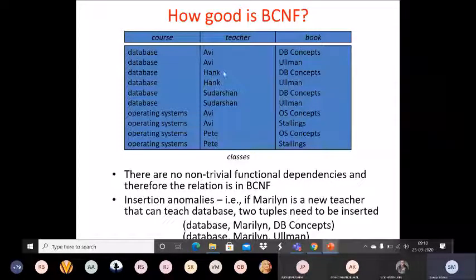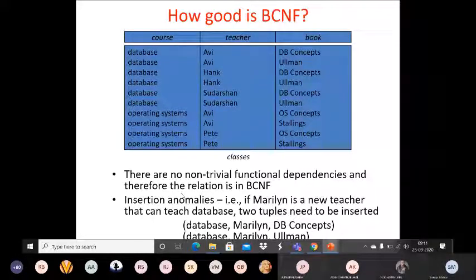Hank, another teacher, is also teaching DB Concept and Ullman. Sudarshan, another teacher of DBMS, is also teaching DB Concept and Ullman. And for operating system, Abhi is also taking operating system, and here he is teaching OS Concept and Stallings, 2 books.